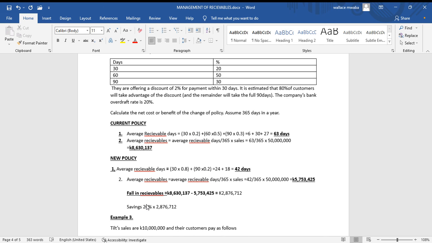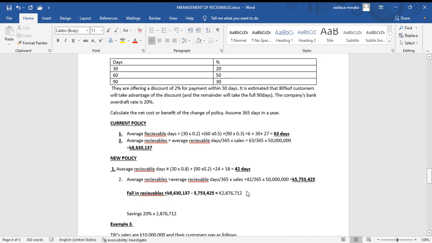So let's do that. What is 20% of that, times 0.2? So the savings, I shall put here the subheading savings.